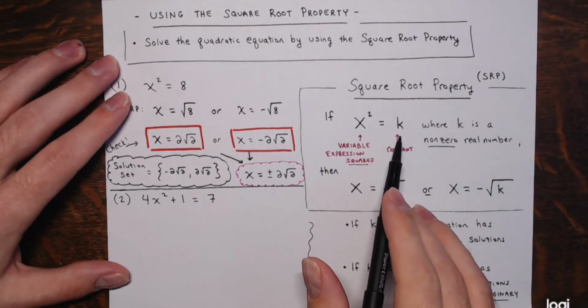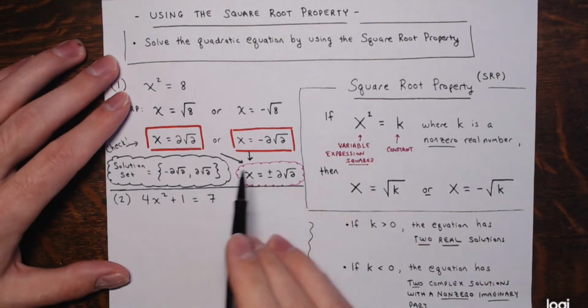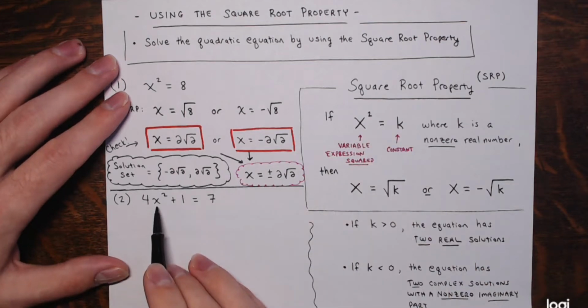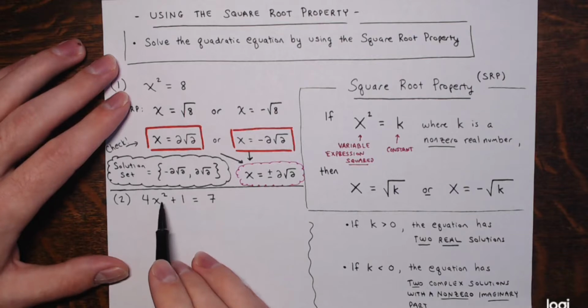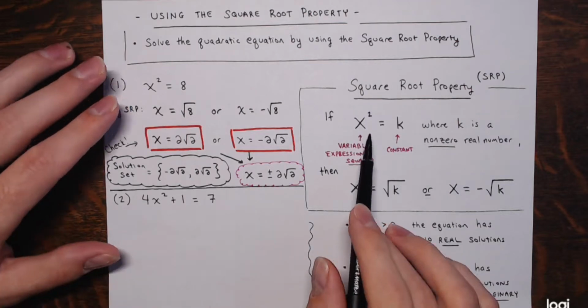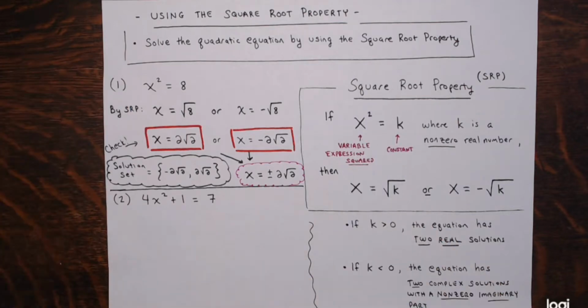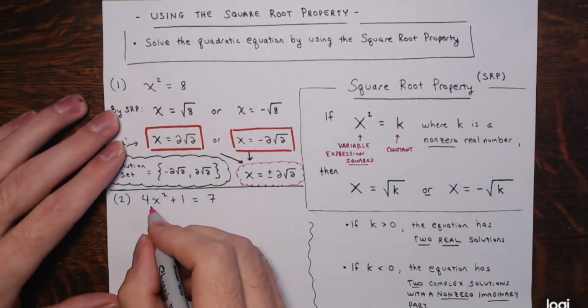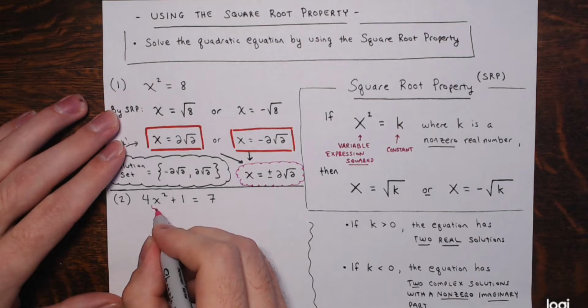The only way we're going to be able to use the square root property is if the only expression with a variable has a square and nothing else, no other powers of that variable. But I want to get it in this form first. I want the variable expression squared on its own, and then a constant on the other side.